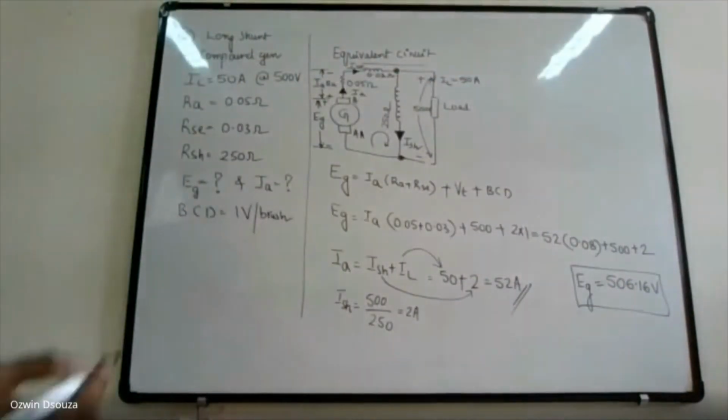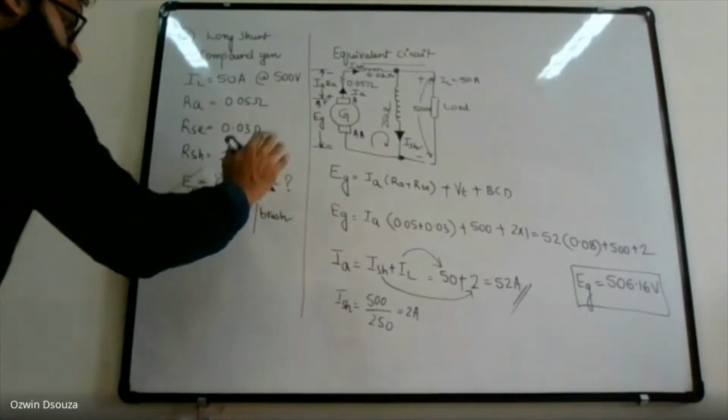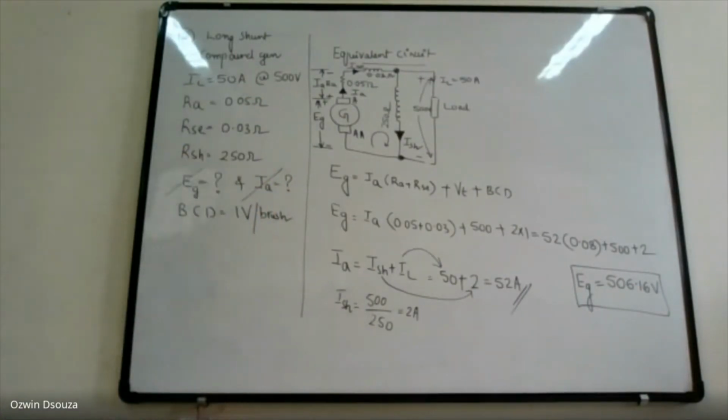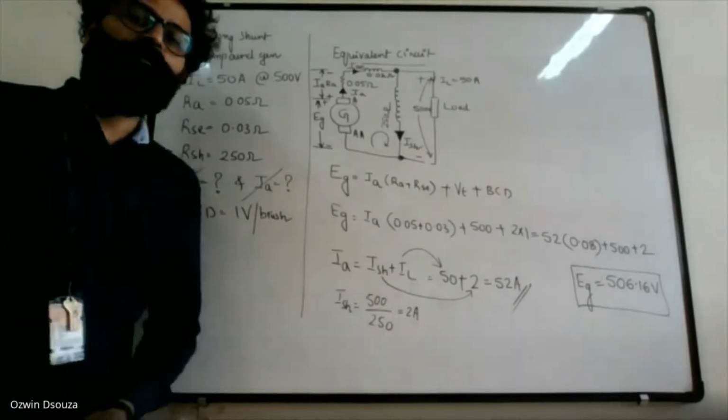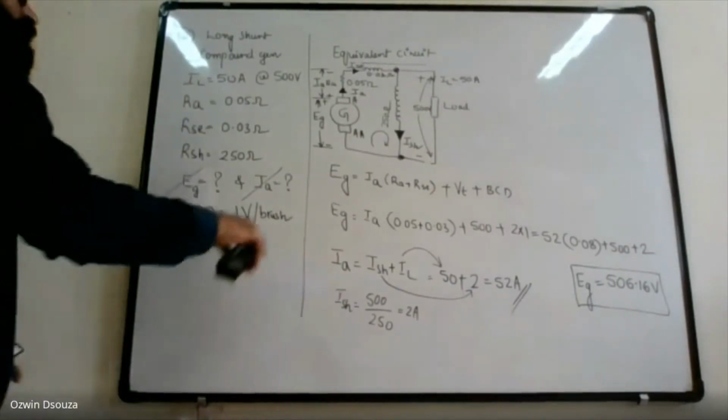So you have found the generated EMF as well as the armature current. That is your first problem. If you look at the approach, it is similar to your shunt motor, correct? So that's the first problem for the day.